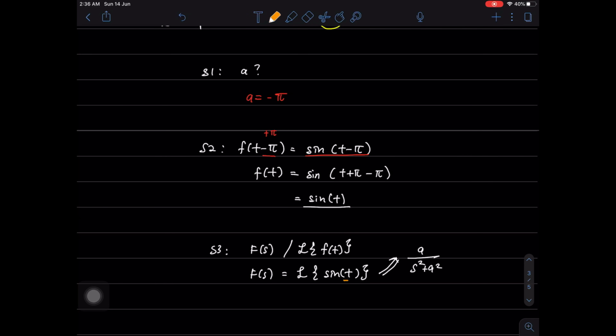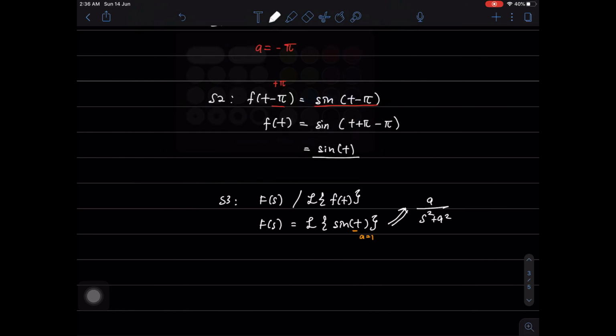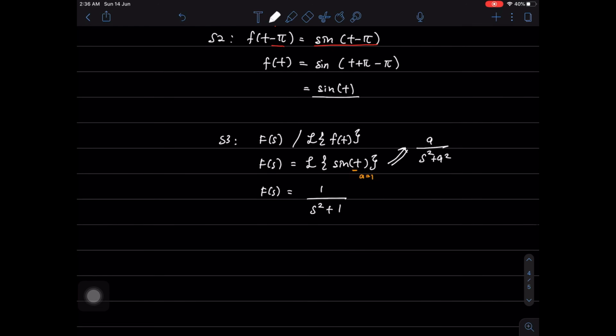Therefore F(s) equals 1 over s² plus 1² which is 1 over s² plus 1. So this is our F(s).